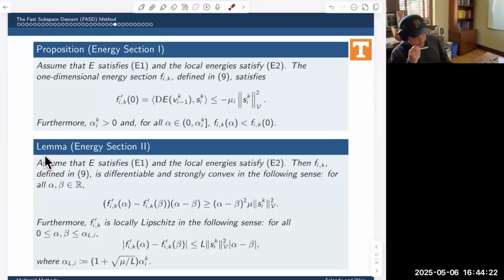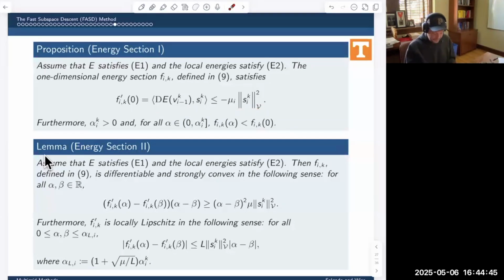All right, so I'm going to state a few lemmas that will describe that function. The first one is basically a restatement of exactly what we've already said. The derivative of f at 0 is that derivative which we've already just calculated in the previous step, and we showed that that's negative, so we're going downhill, no problem.